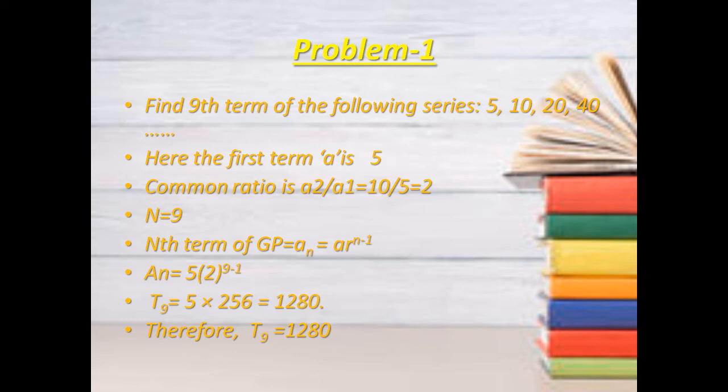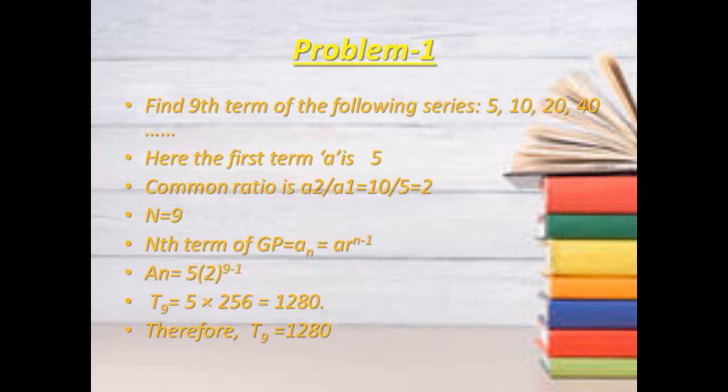Next, common ratio. How to find the common ratio? Second term divided by the first term, that is A2 by A1, which is 10 divided by 5, is equal to 2. We can take another example: 20 divided by 10 is also 2, and 40 divided by 20 is also 2. Therefore, the common ratio is 2.